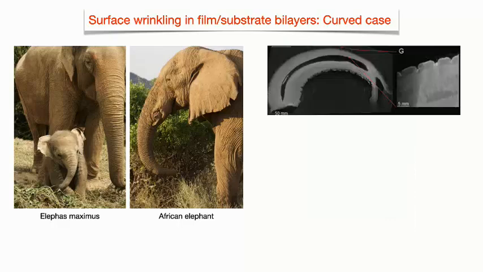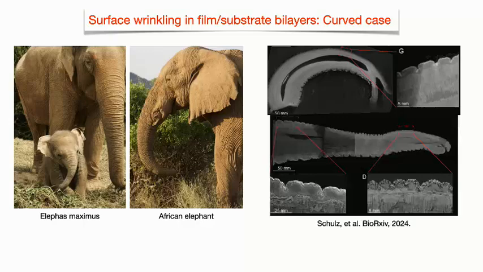And when you look at the cross-section of the trunk, there is a hollow part because you want air to pass. And also, you find that the radius of the trunk is changing along its length, causing different wrinkle numbers.